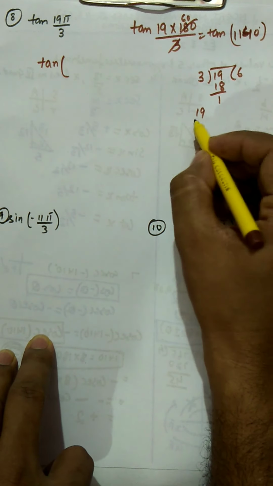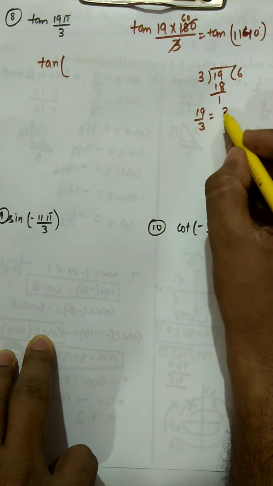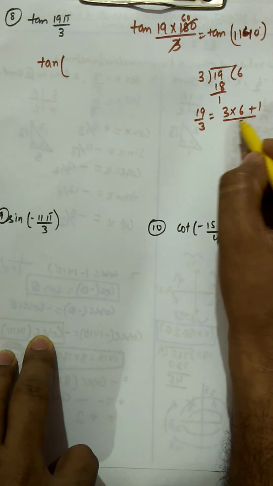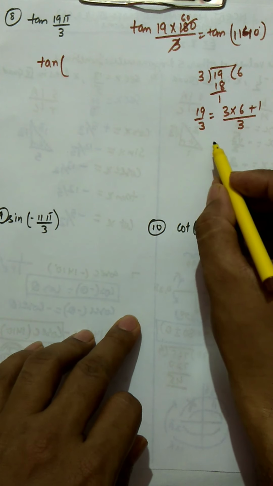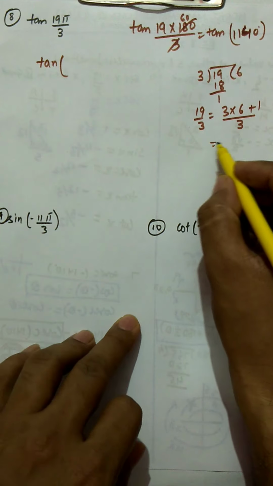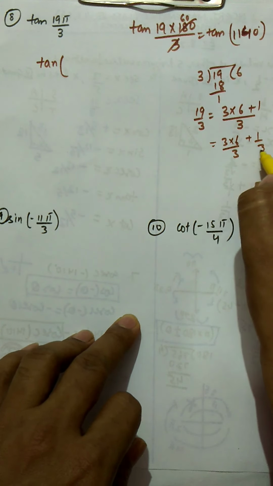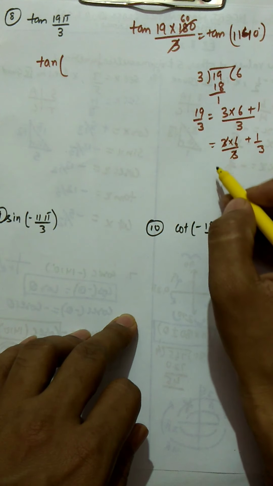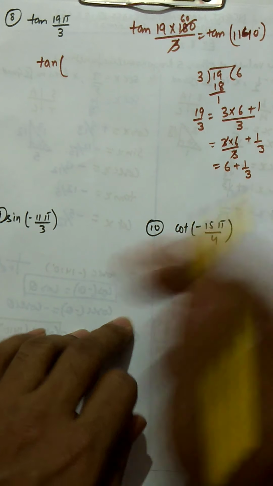So 19 by 3 can be written as 3 into 6 plus 1, over 3. So now again you take this term upon this term, and that term upon this term. So 3 into 6 upon 3 you do, and 1 upon 3 you do. So if you simplify, this will get cancelled. So this is 6 plus 1 upon 3.